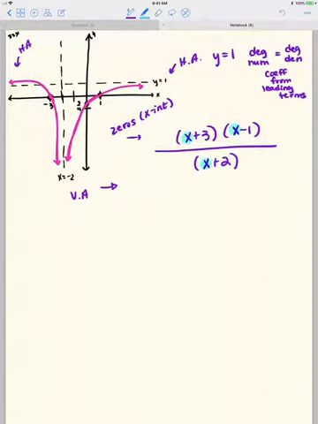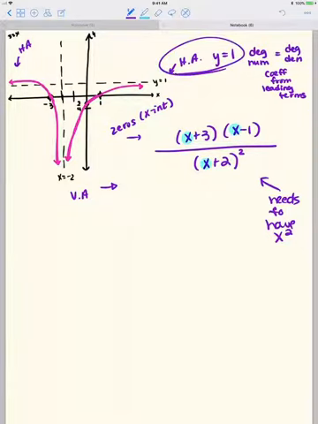So the only way you're going to get the degrees to be equal is the bottom needs to have x squared. So the best and easiest way to do that is to square the only factor that's there, x plus 2. So now, even though there's x plus 2 in the bottom, you still only get that one vertical asymptote, but now your power on the bottom is x squared, it's x squared on the top. You satisfy the condition to have that horizontal asymptote.